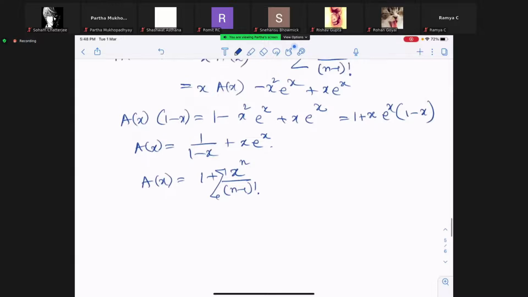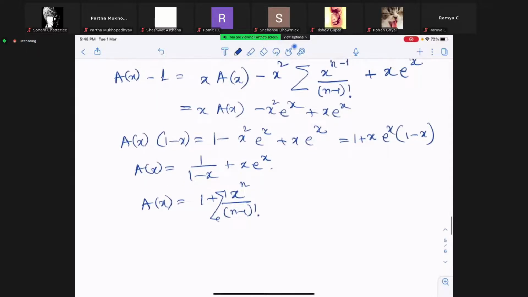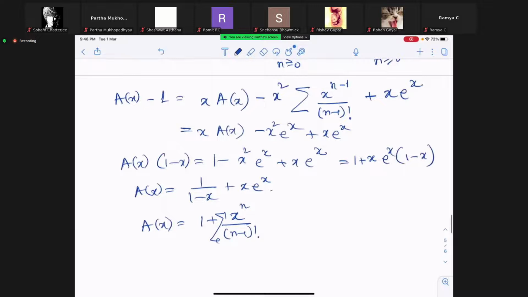I'm just checking whether I've done all the calculation correctly. So is it 1 plus 1 by n minus 1 factorial? Yes, sir. The nth term is 1 plus 1 by n minus 1 factorial.